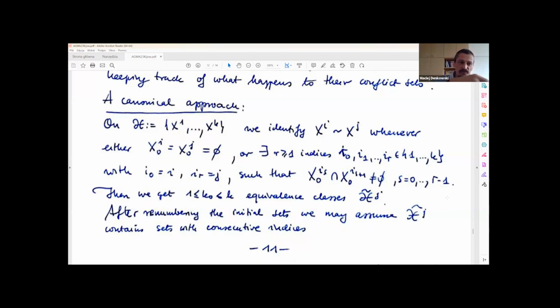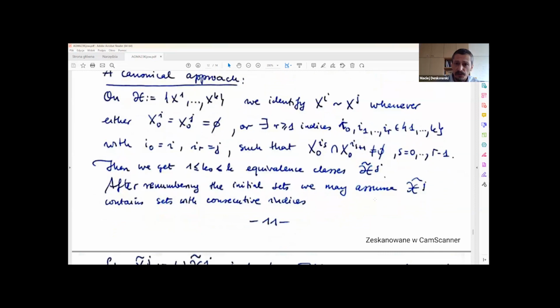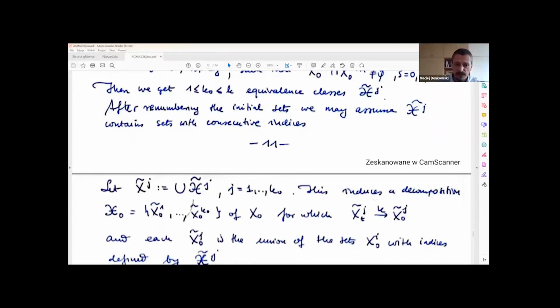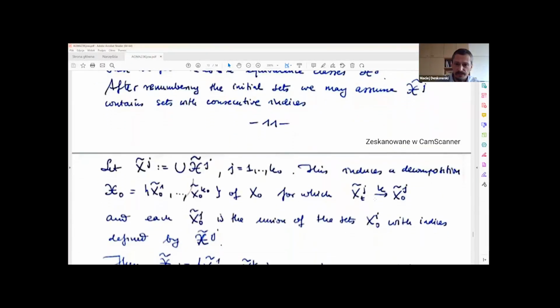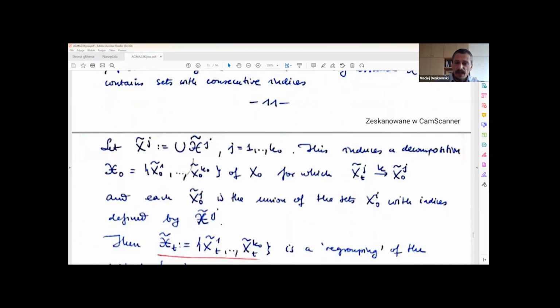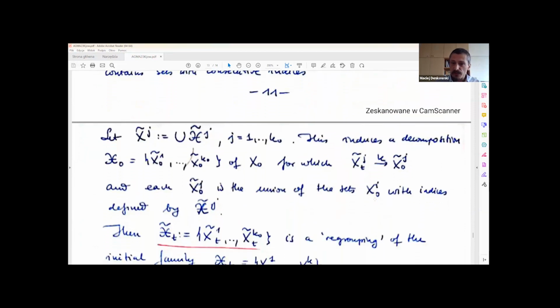So they don't overlap, but they form a sequence of overlapping ones. So this is an equivalence relation, and of course this gives us a regrouping of the initial sets, and we still have the convergence of the sections.